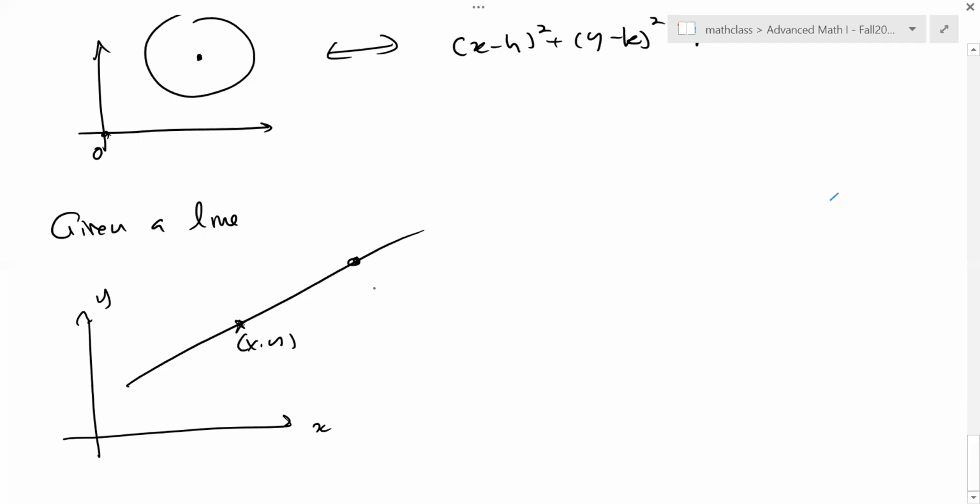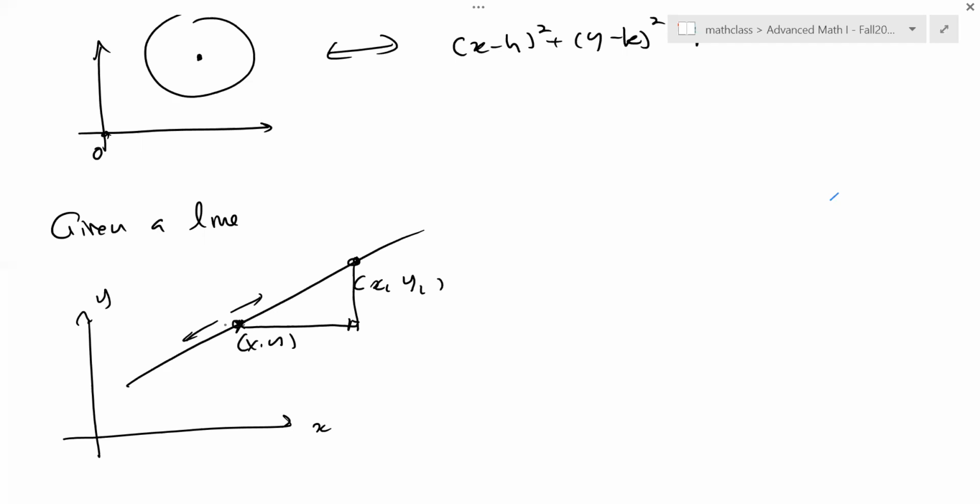You can also choose another point, x1, y1. And you will be surprised that the ratio of this triangle, when you move this point up or down, you get similar triangles.